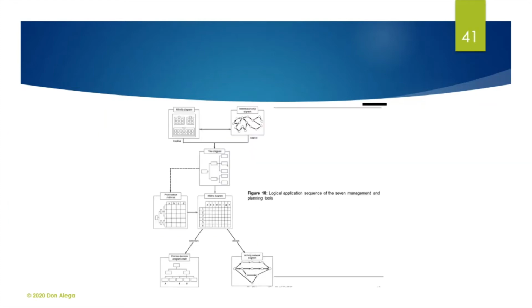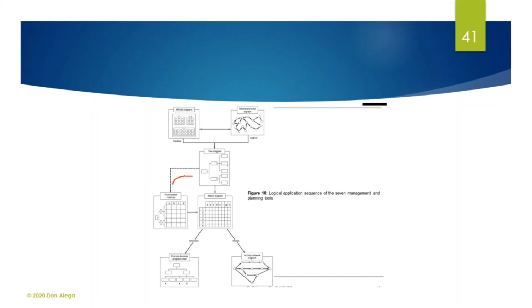So, that's it. To sum it all, 'di ba? With the management and planning tools, you need to identify the affinity diagram and also the interrelationship diagram to form a tree diagram. Sa tree diagram naman, it can be used for the prioritization matrices.